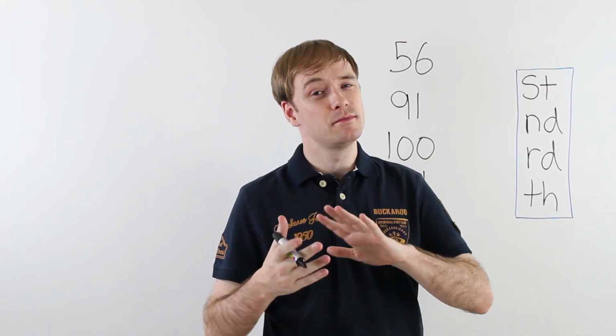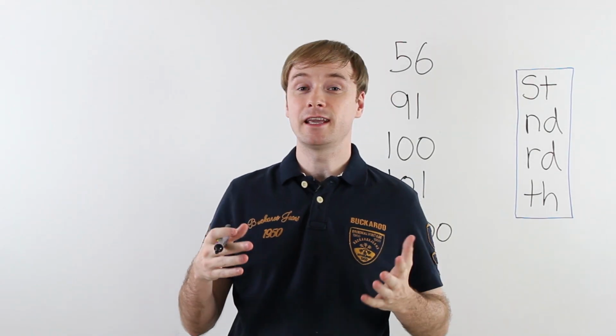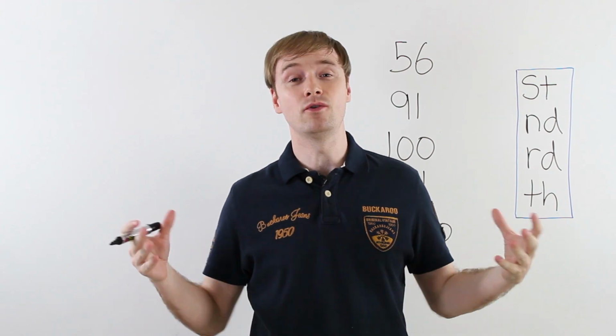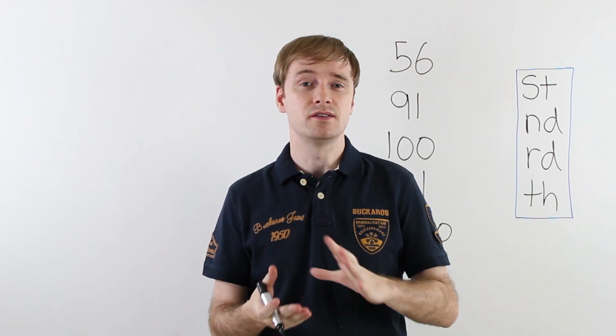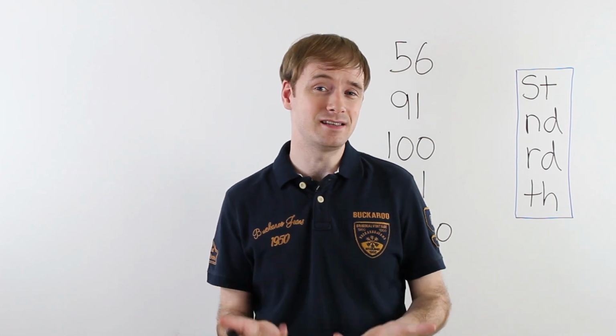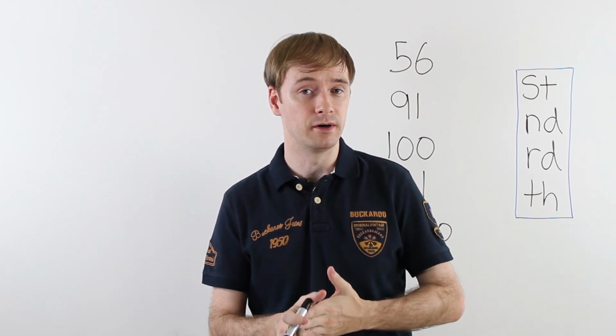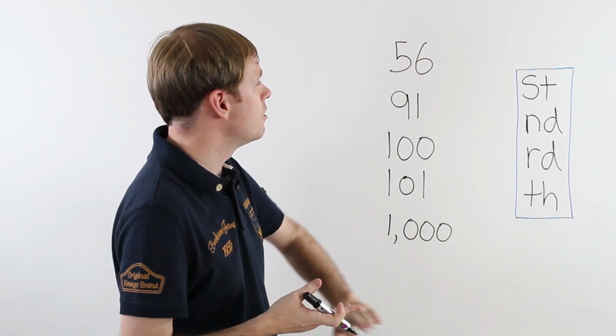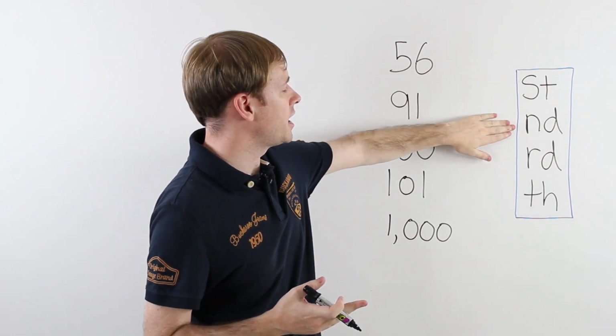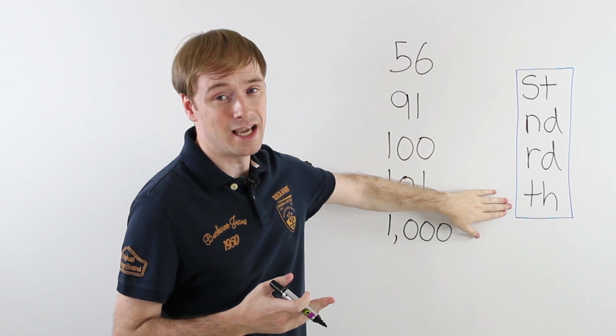Okay, so I am sorry because I cannot write every ordinal number, okay? I cannot explain every number. So you're going to have to practice guessing what is the ordinal number. And I put some numbers here, and we're going to guess whether they use ST, ND, RD, or TH, okay?